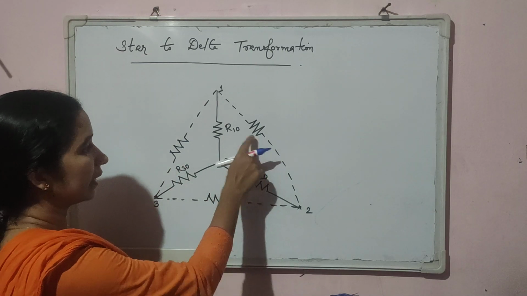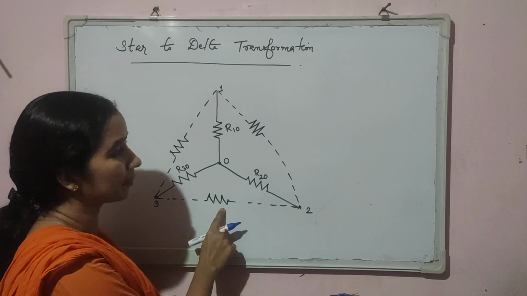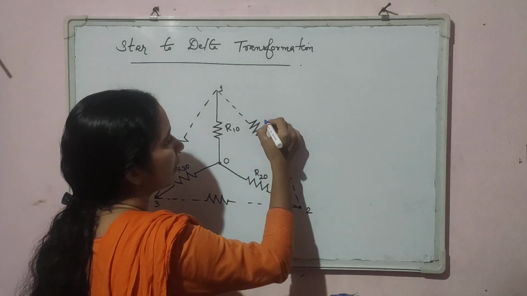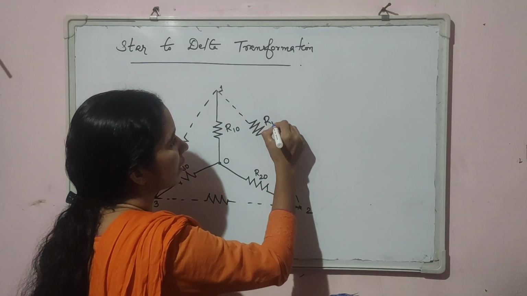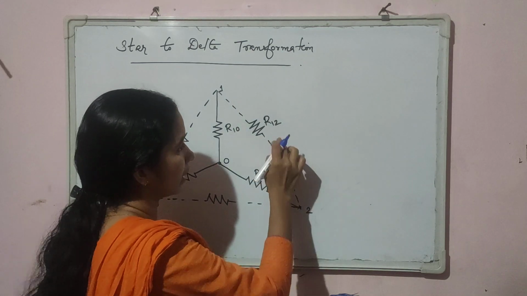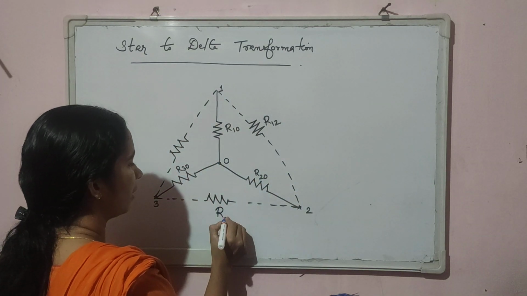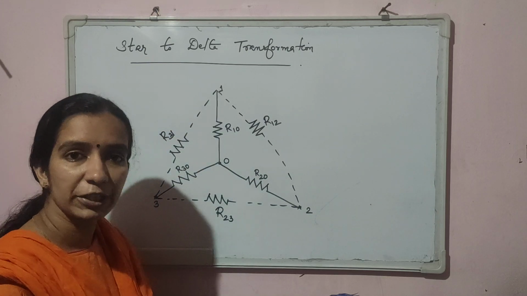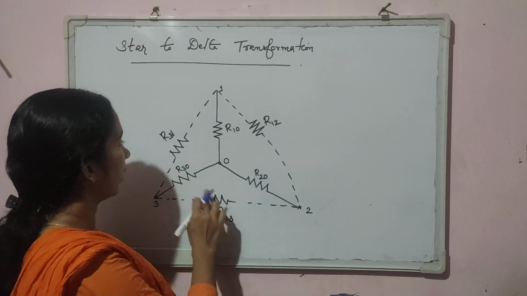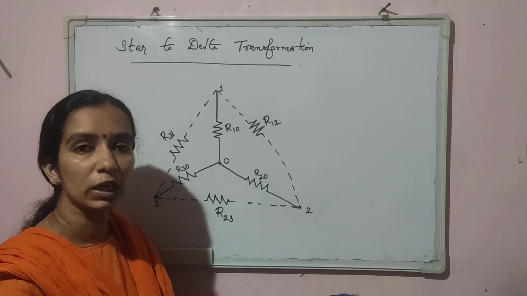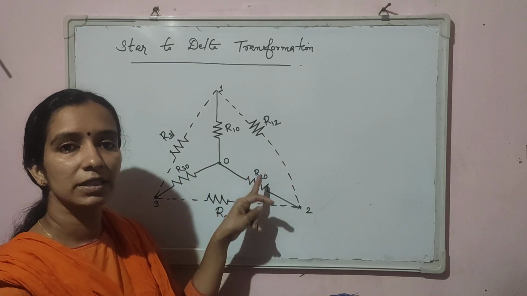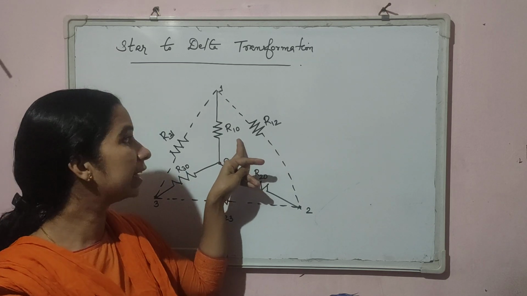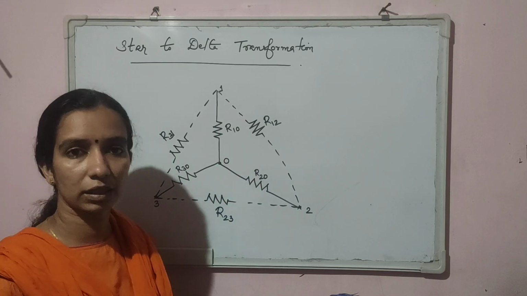So the resulting delta connected system will be like this, and this resistor will be R12, the resistor connected between 1 and 2, and this will be R23, and this will be R31. But we don't know the values of R12, R23 and R31. What we have is the star connection of resistors and the values R10, R20 and R30.